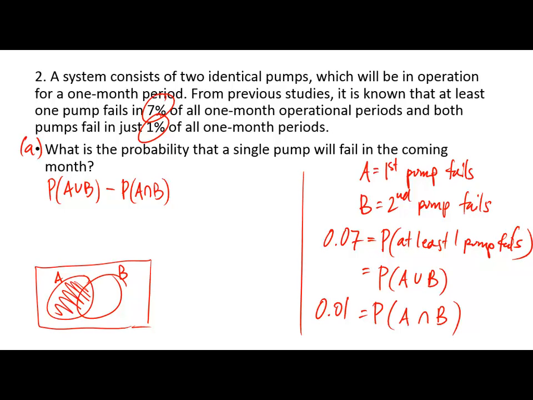But I'm still including something else there, right? A union B is this whole thing, and you just told me to subtract off that little piece right there. So you have to subtract A intersect B twice. We'll subtract this thing again.